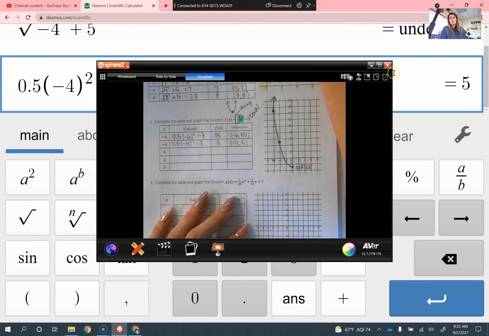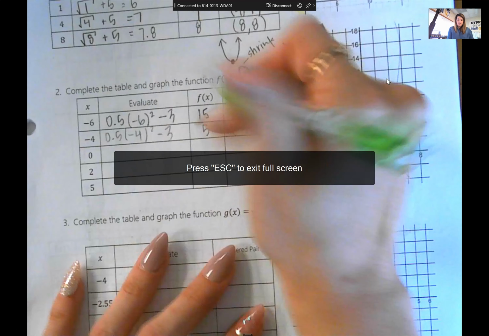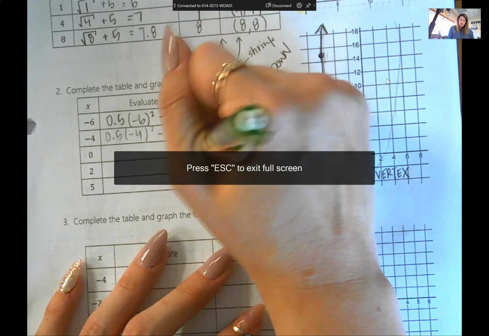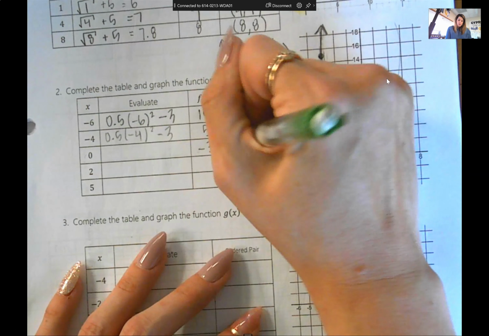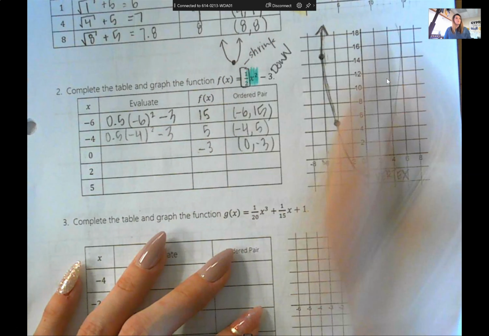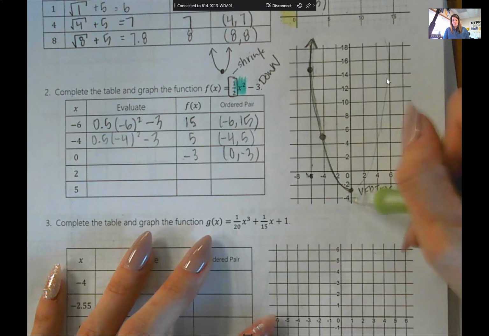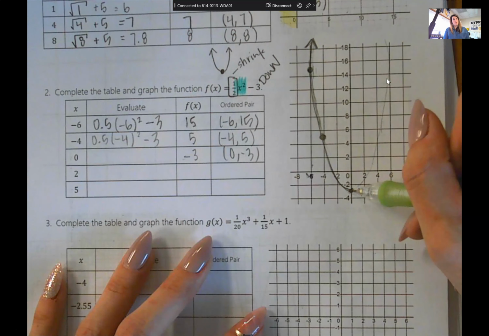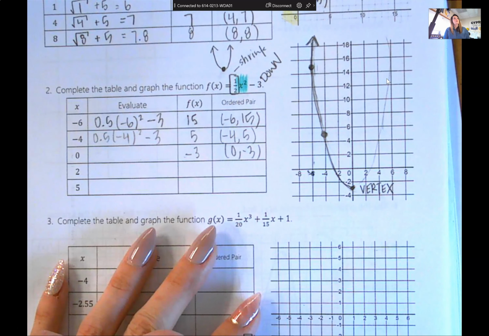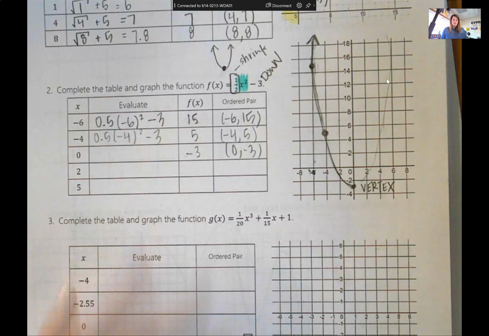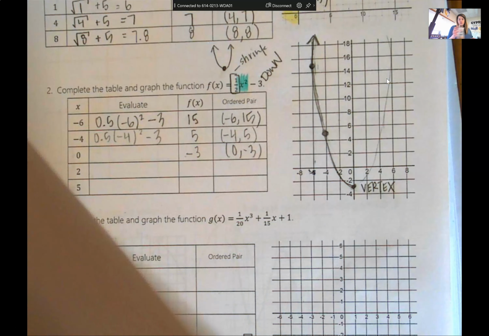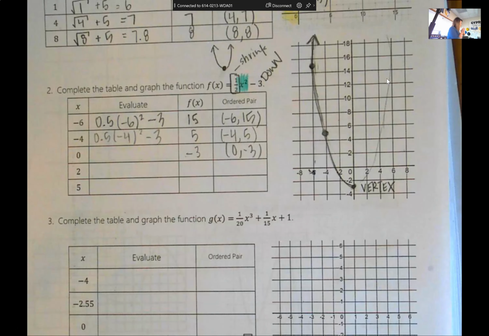We already know the next point because we talked about the vertex. At 0, your function is at negative 3, and that's this point here, the first one we put down. So you guys get the values for 2 and 5. Plug them into Desmos.